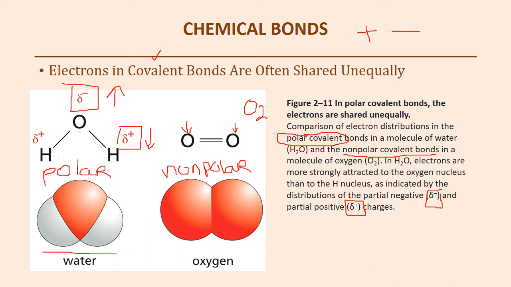Now, some of you, when you were reading or studying water, H2O, came across the fact that it was a polar molecule. So now hopefully you know why it's polar. It's polar because the oxygen has a stronger pull over the electrons than the hydrogen element.